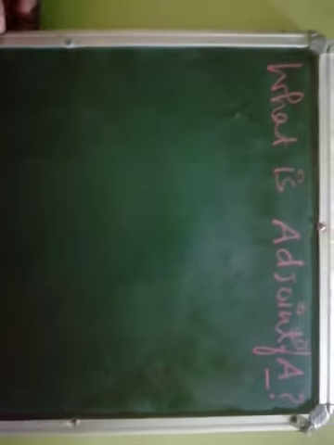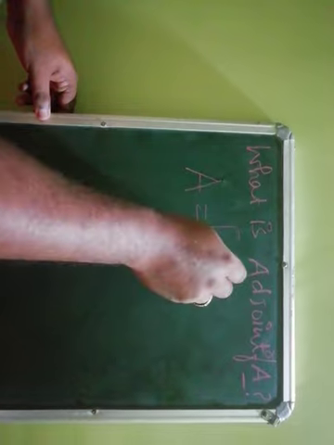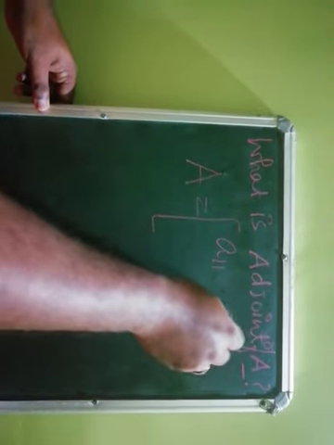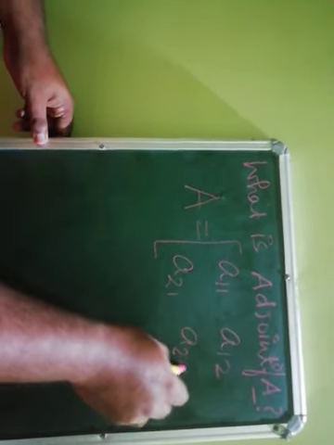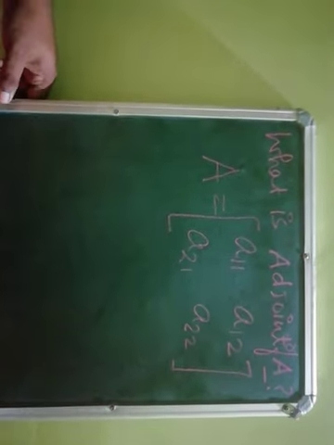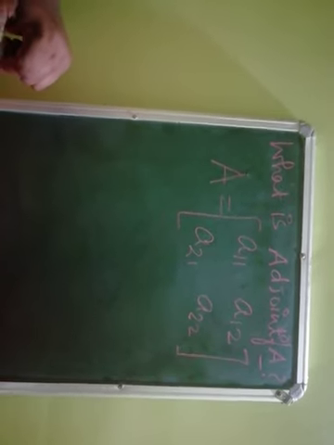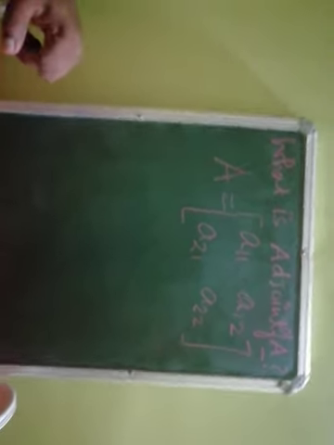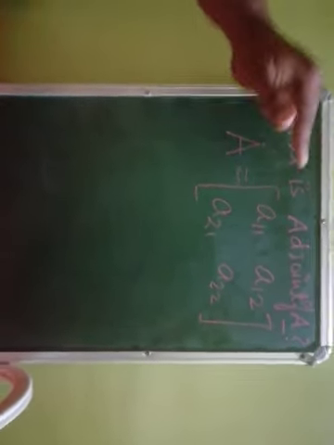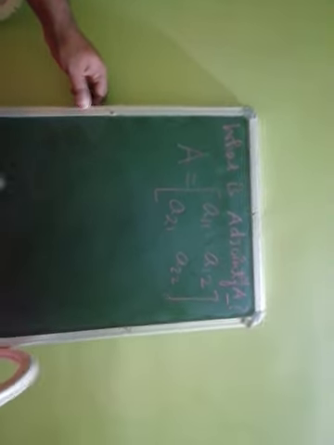If you are having any matrix A whose elements are, suppose, a11, a12, then a21, a22, and we are finding the cofactors of the elements of this matrix, and writing a matrix whose elements are the cofactors.